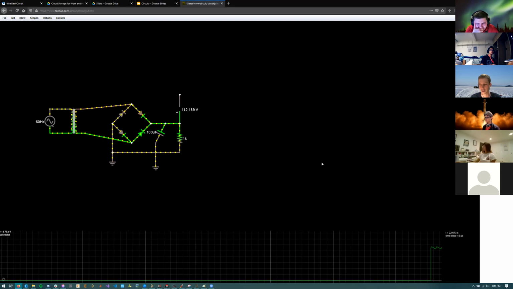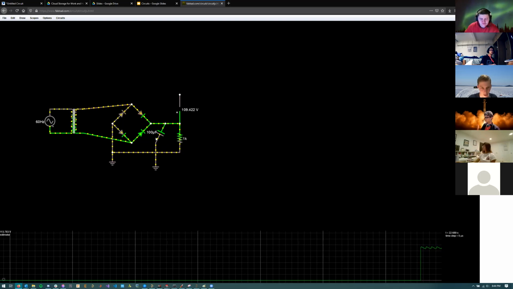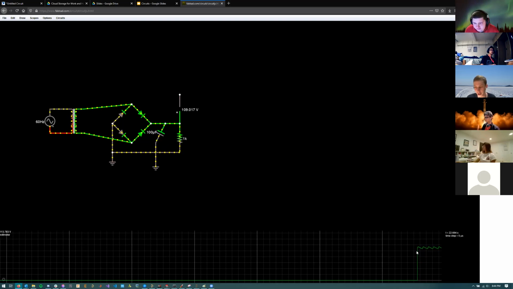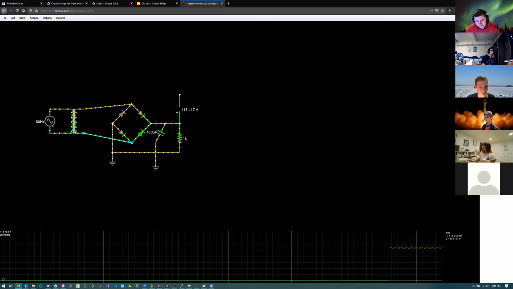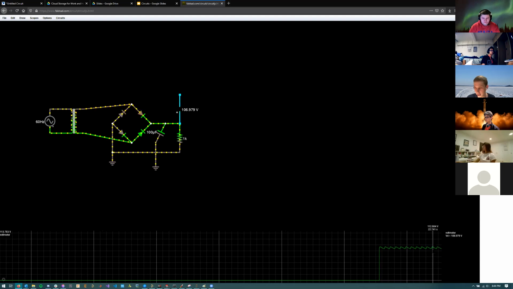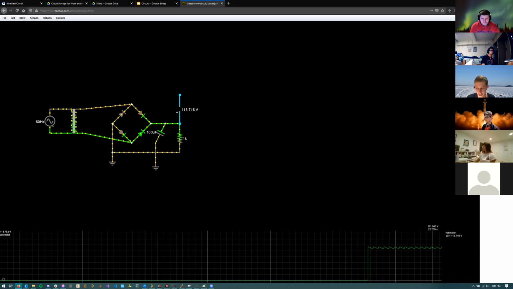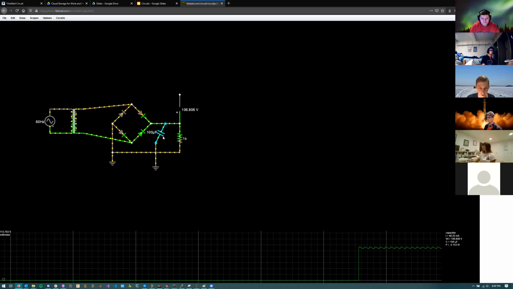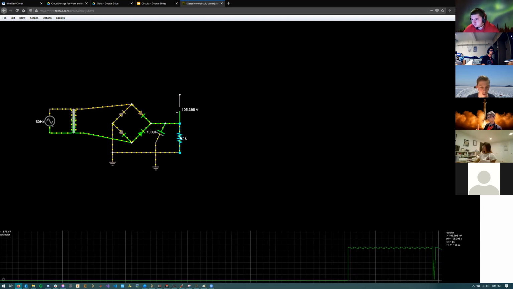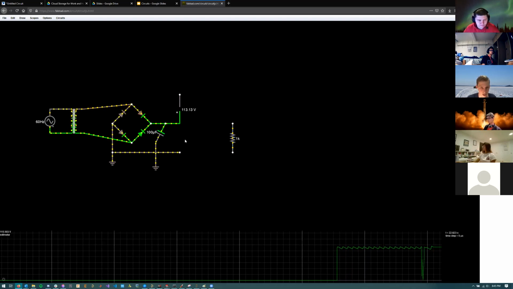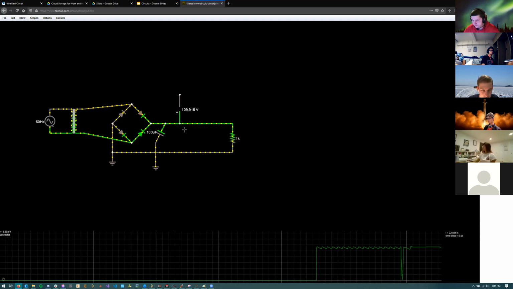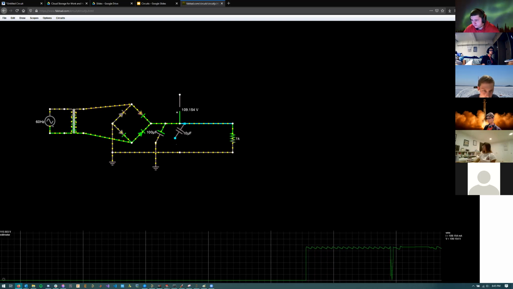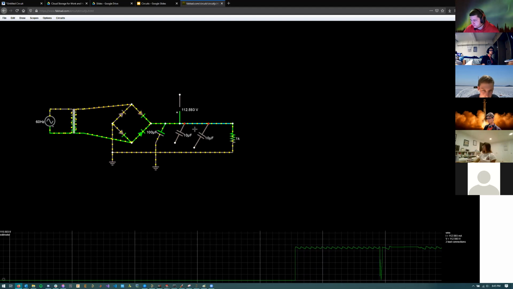So now you can see with the capacitor doing our filtering, our output voltage is still pretty close to our input voltage of 115 volts, and our ripple is significantly decreased. Generally, instead of putting one huge capacitor, we go back to what I was discussing before and use multiple smaller capacitors.